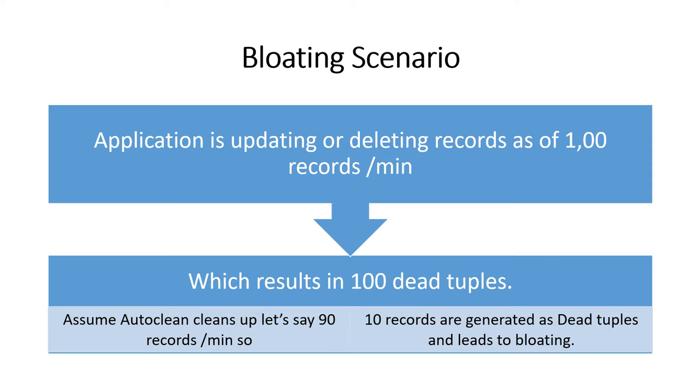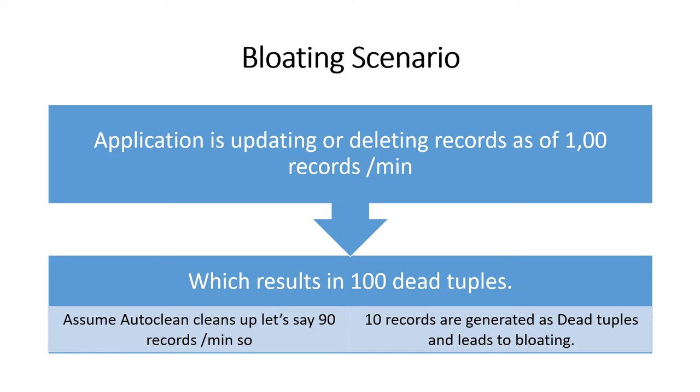And due to the behavior of Postgres, when 100 records are updated or let's say deleted, it results in two actions. If it is an update, 100 new records are generated as a result of update, and exactly 100 records are accumulated as the dead tuples, which have the previous value.